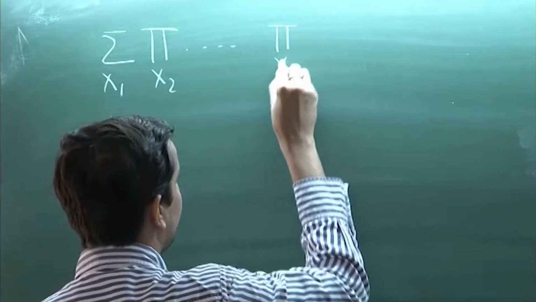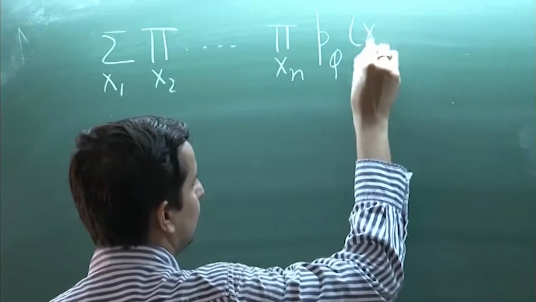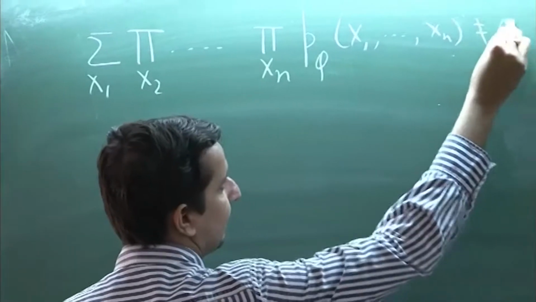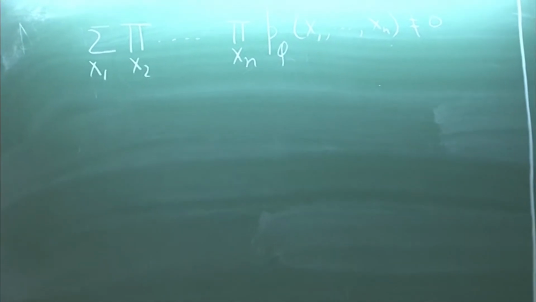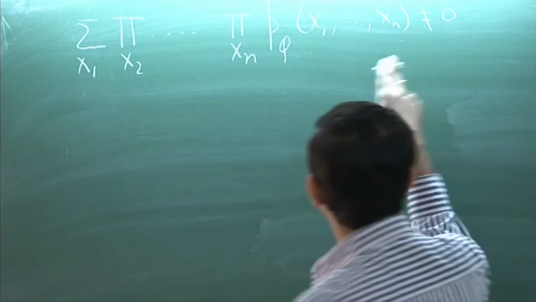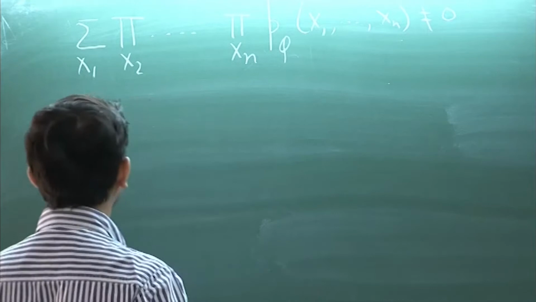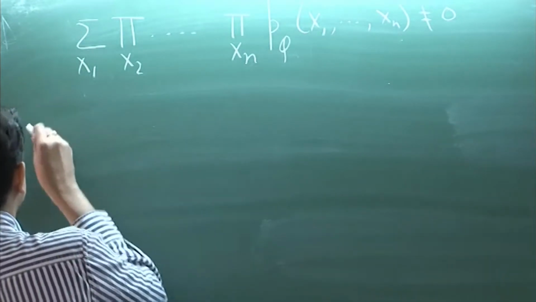So, we have a product of the polynomial is not 0. So, whatever is the quantified Boolean formula psi that is given, he wants to show that it belongs to TQ-BF, in other words that it evaluates to true. So, this polynomial should evaluate to non-zero. This is the aim of the prover.